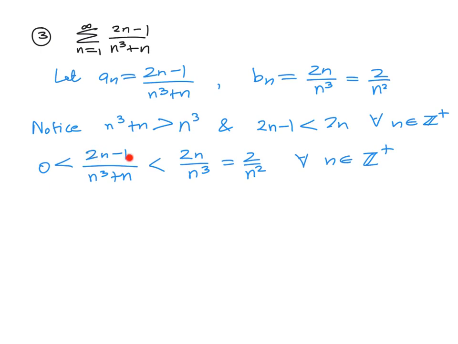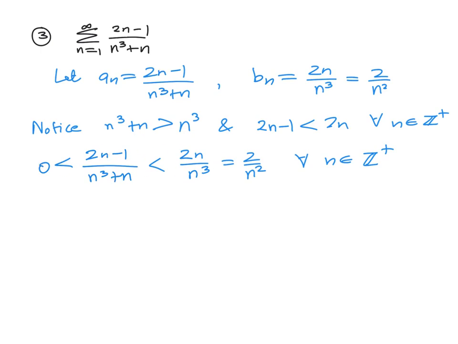Now, this doesn't have to happen right off the bat when n equals 1, but it does, because 2 times 1 minus 1 is 1. So this numerator is positive, this denominator is positive, so these values are all positive. Again, I could have waited until n equals 7 to make this true statement, but in this case, it's true all the time. So I've found this new sequence of b_n's that is larger than my sequence of a_n's, and of course they're all positive.